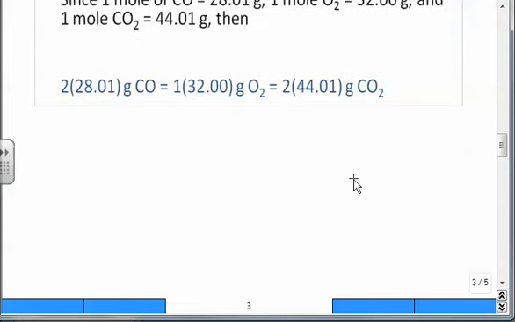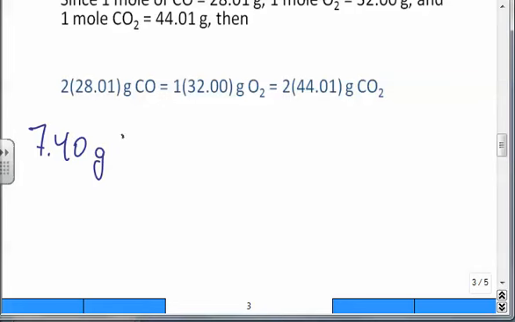So in this problem, we want to go from 7.40 grams of carbon monoxide, and we want to find out how many grams of oxygen we need to use. To do this, we can't simply go directly from grams to grams, but we must take into account these molar ratios.